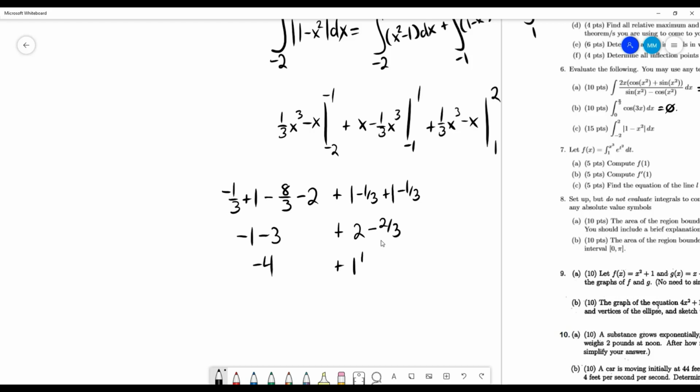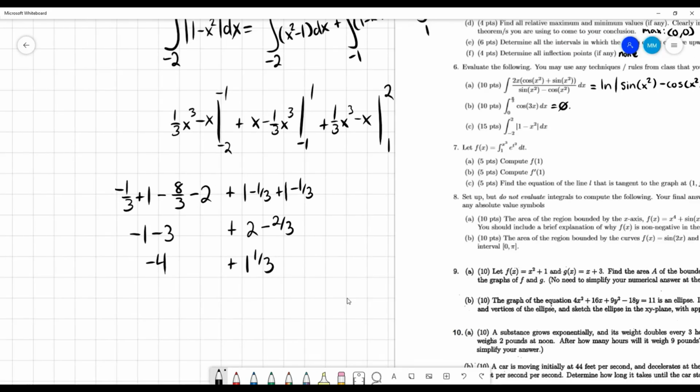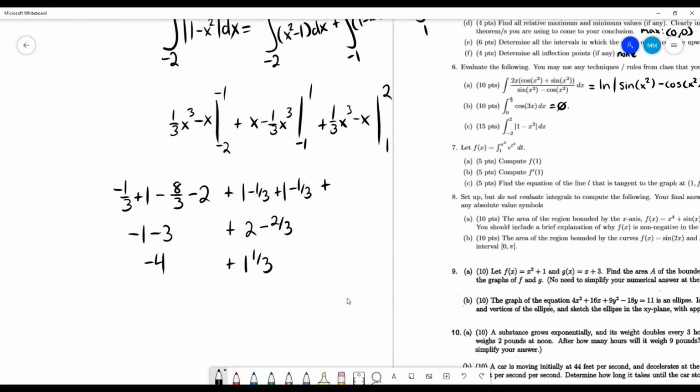So that's plus 1 1/3. And this next one, let's see, 2 cubed is 8. So I get 8/3 minus 2 minus 1/3 plus 1. So that is negative 1 plus 7/3, which 1 is 3/3, so that turns into 4/3, or 1 1/3.